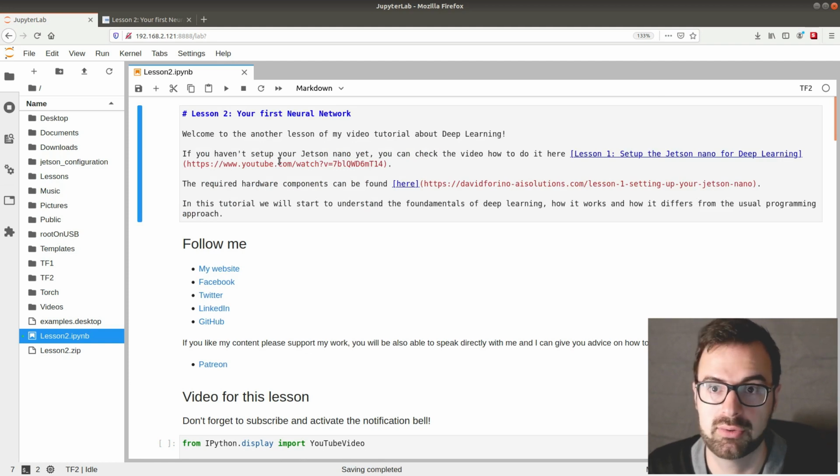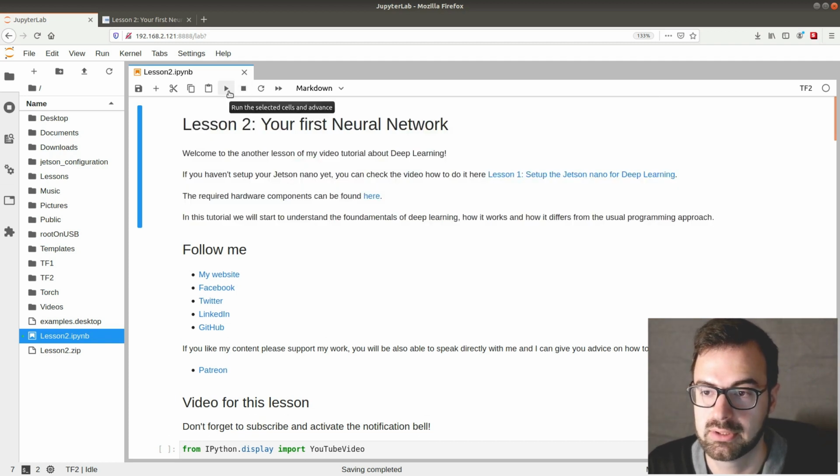Everything is code basically, as I mentioned. If we double click, we can see what is inside. This is, for example, a markdown, and as you can see at the end it's just text. If you want to execute a code, you can press Ctrl Enter or the button up here.